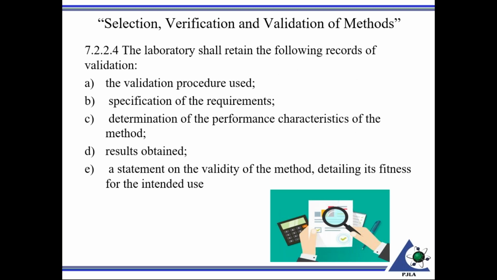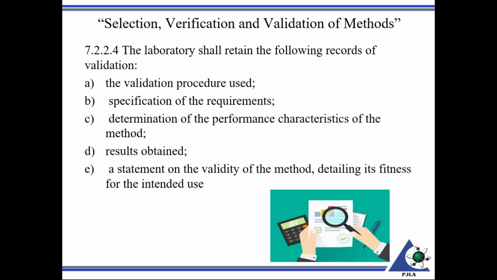So if you do have to validate a method as a laboratory, an in-house developed method for example, you have to maintain records. Verification just said you had to maintain records. Under validation, it's specific as to what records would need to be maintained.